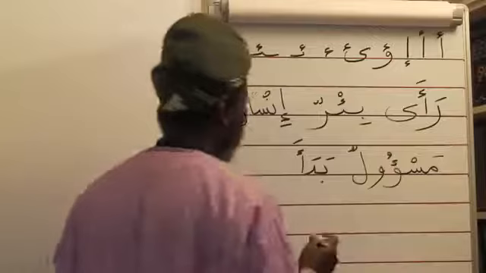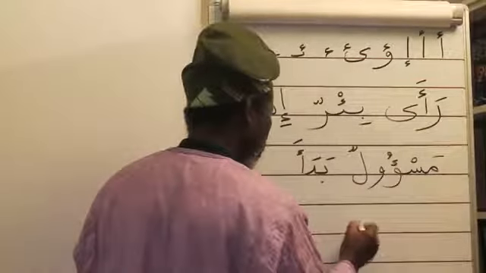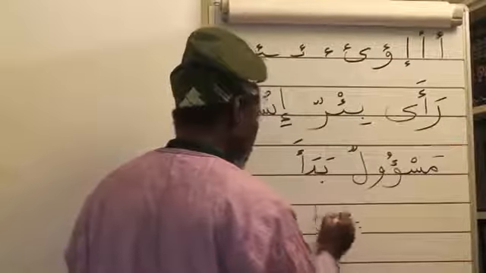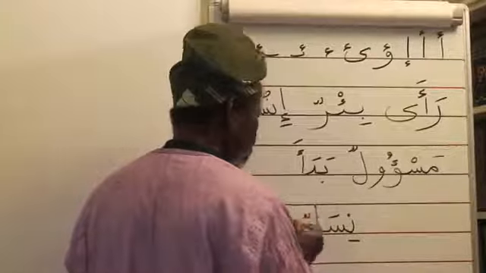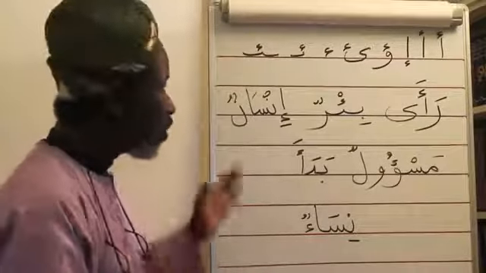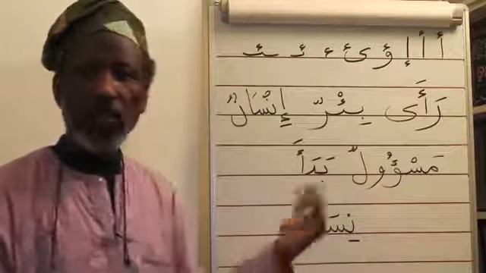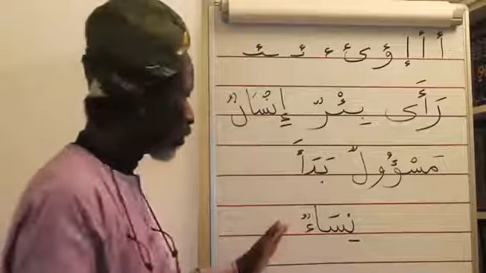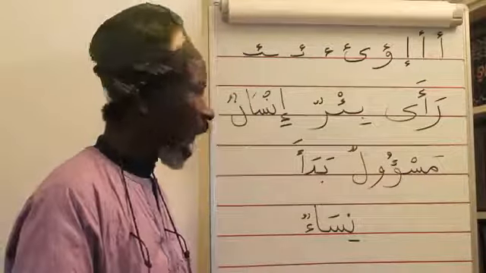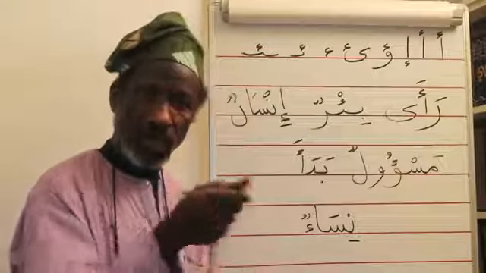If I say nisa'un, on its own, nisa'un. So anywhere you find it, just go for the vowel that is carrying and you'll be fine. To reinforce this, let's now go to page 63 and read the whole page, and also you need to copy them as well.